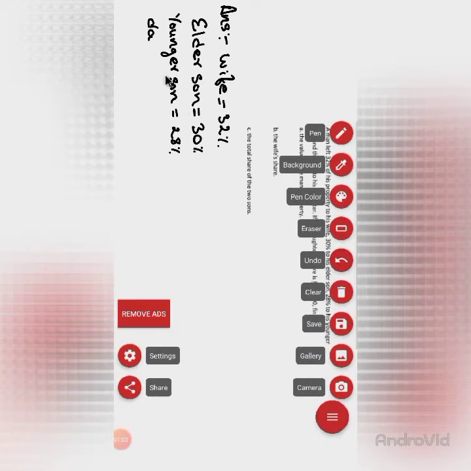Your remaining percentage will be, if we add all these percentages, 32, 30, 28, we get 90%.